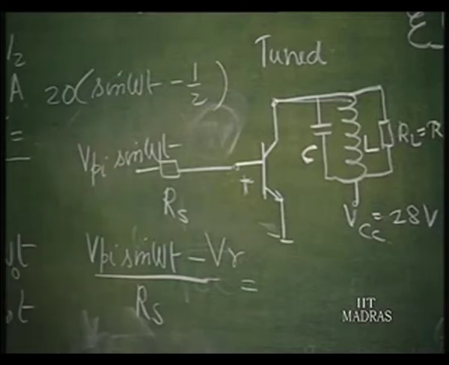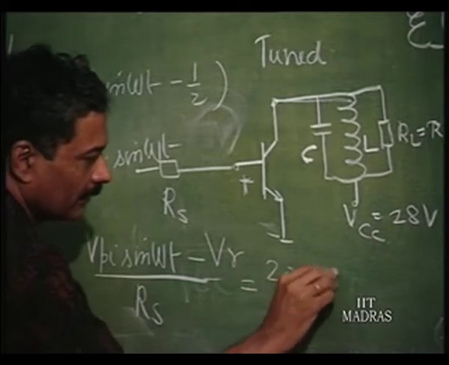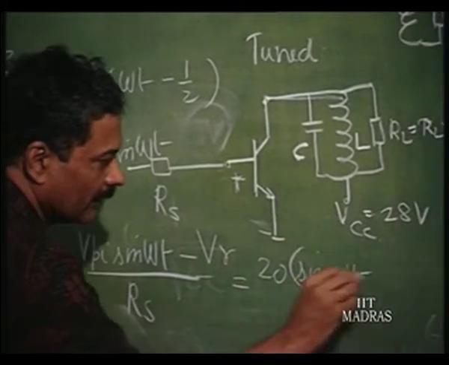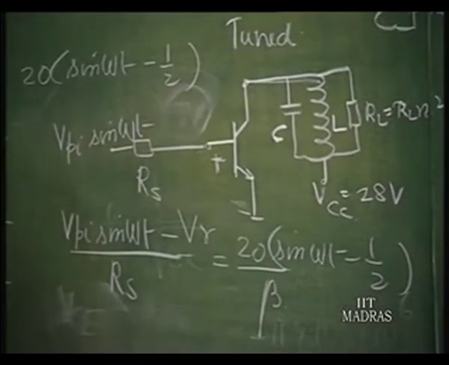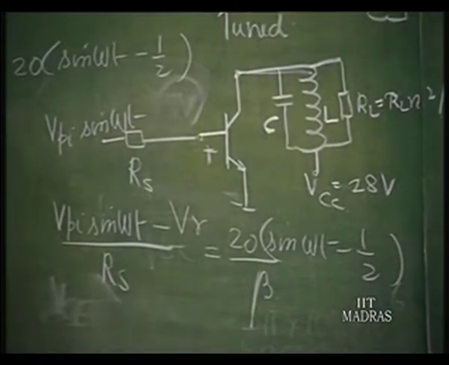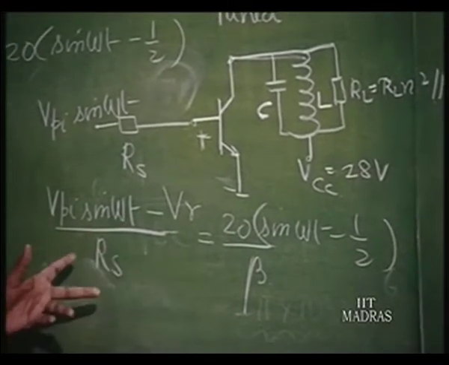This is how it is. This is the current waveform. This divided by beta, so (20 sin omega t minus half) divided by beta, is the current input that we require. So, these things are exactly similar in nature.